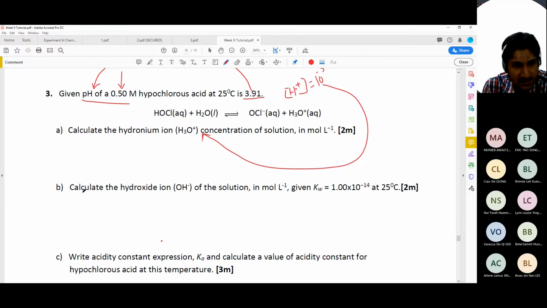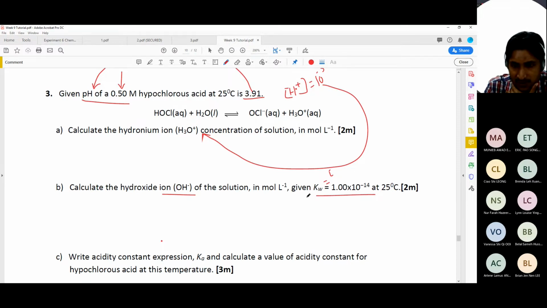Question B says calculate the hydroxide ion of the solution in mole per liter, given Kw is equal to this. Kw is given. So the hydroxide ion concentration is quite easy. We know Kw is equal to hydrogen ion times hydroxyl ion concentration, right?